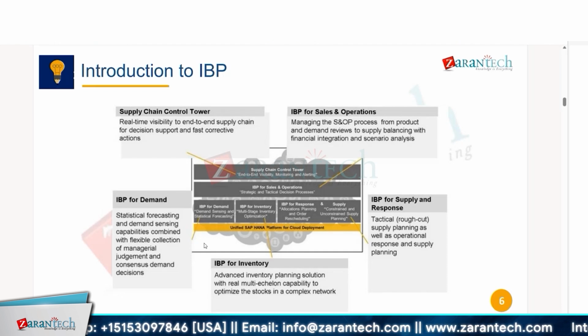So at the end of the demand review, there has to be an agreement between the sales team and the demand planner that we both agree, this is the number for this month, and these are the numbers for the next 6 months and the 24 month horizon. So this is how IBP for demand works.